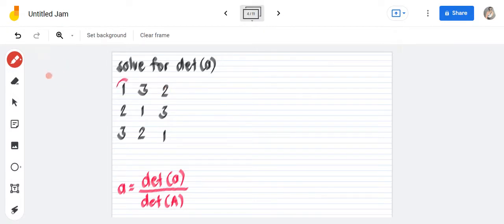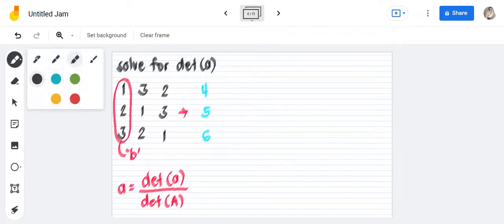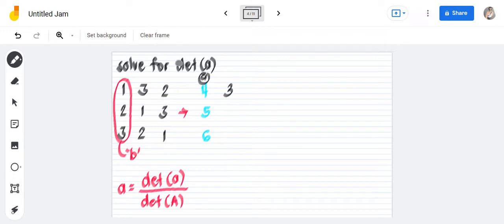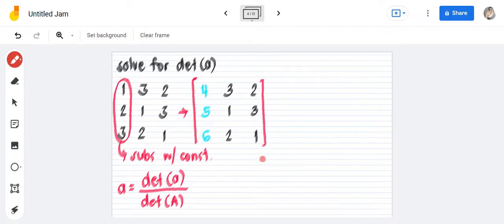So what we want to do is to replace this column with our column vector B. In that case, we'll now have 4, 5, 6, then 3, 1, 2, 2, 3, 1. This will now be your matrix.